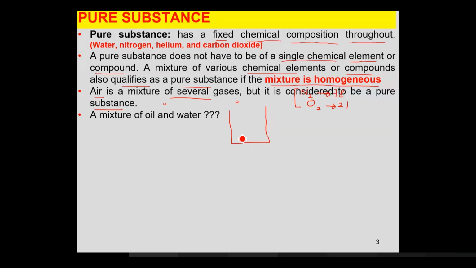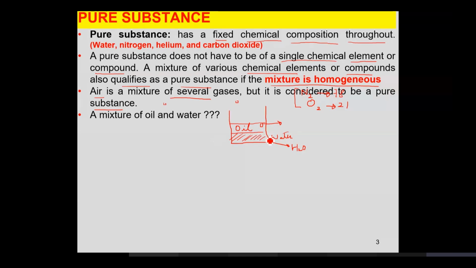Yes, sir. So when you have a mixture of oil and water, water would settle down at the bottom due to its density. Oil would come onto the top. So if I take a sample from this region, it would be rich in oil. If I take a sample from this region, it would be rich in water.